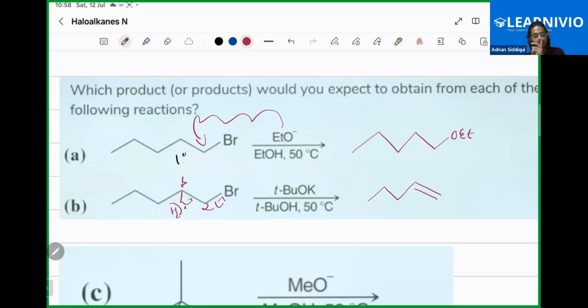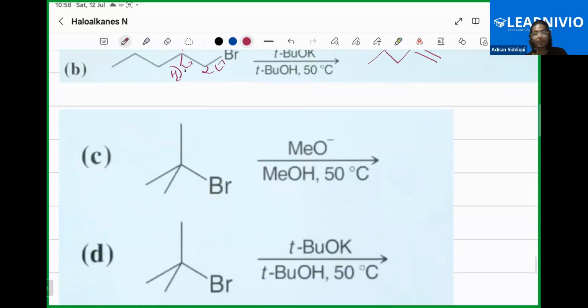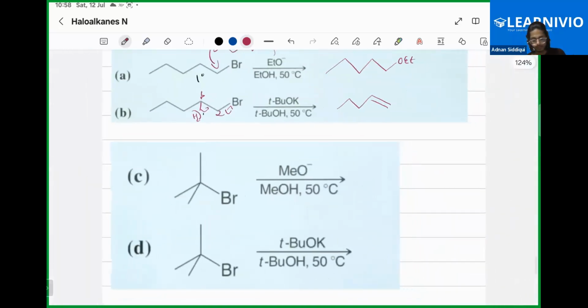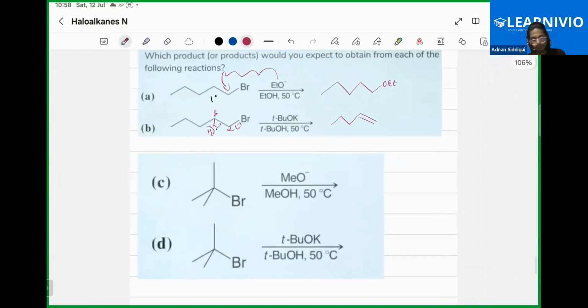Yes, sir. So let us talk about the next one. What should be the case? Again, think very carefully. SN1 will take place, right? Where? In the C. Why?